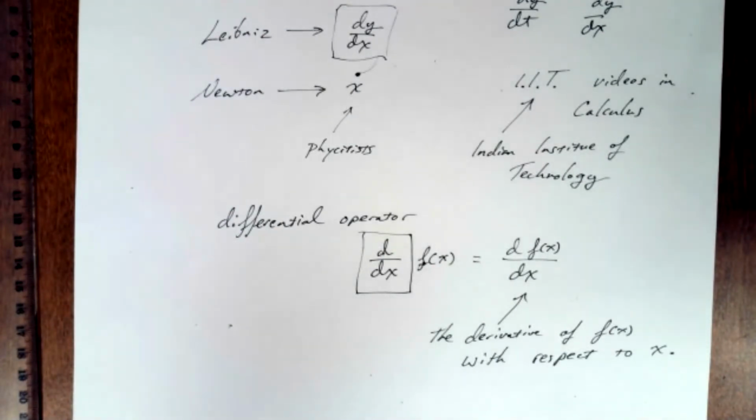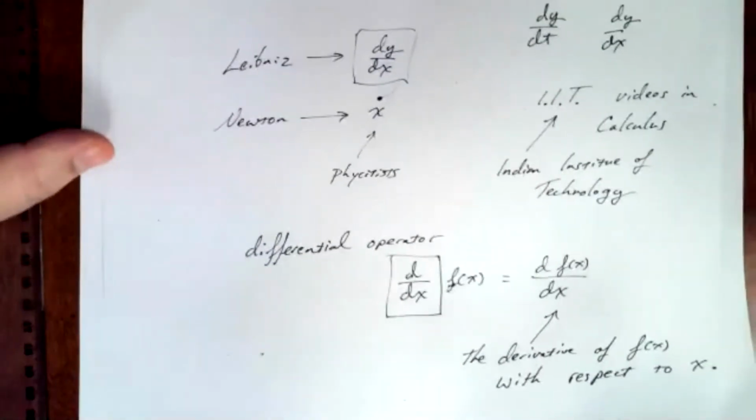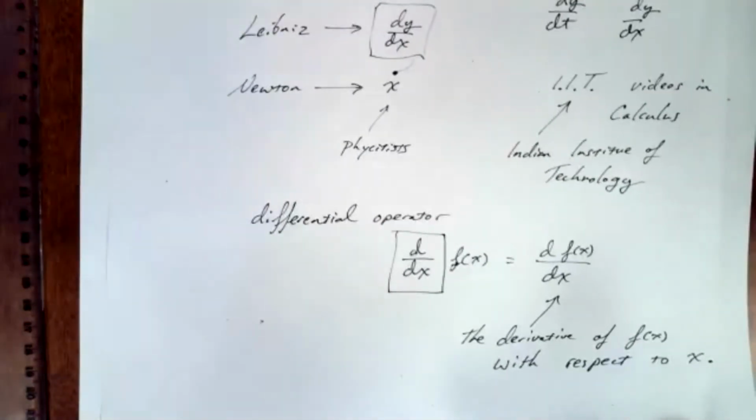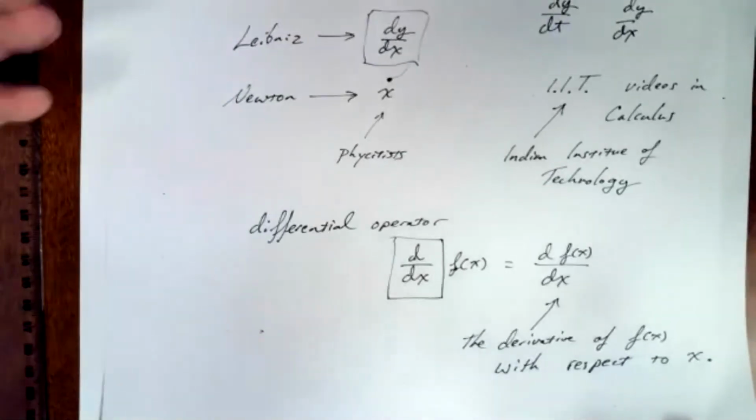Let me give you an example, and we're not going to solve this today, but I want to introduce you to the idea that you can be taking a derivative with respect to other things. We're going to see this problem down the road, so don't worry about it right now. This will be coming in like 2 weeks or something.